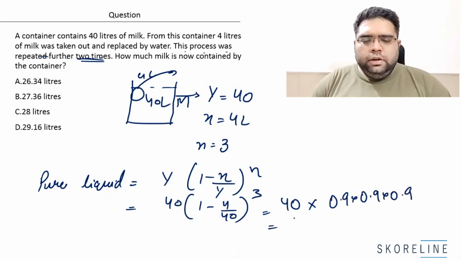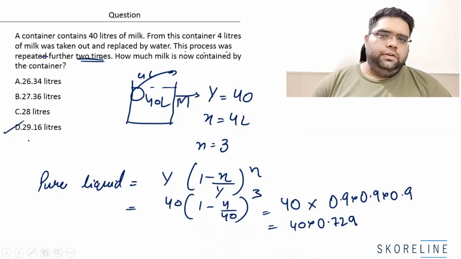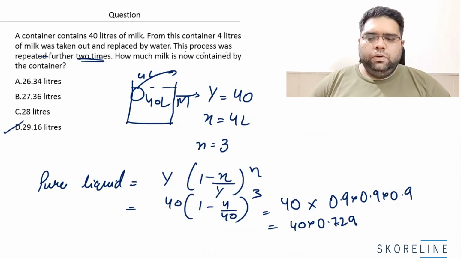So 40 into 0.729, correct? What would be the final answer? It will be 29.16 liters. If you find the product of these, you'll find the final answer as 29.16 liters.